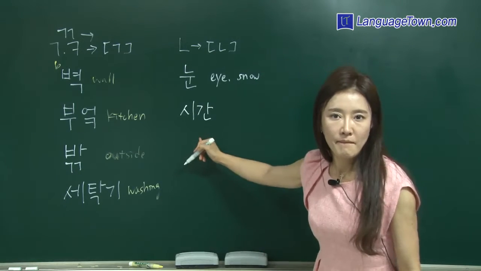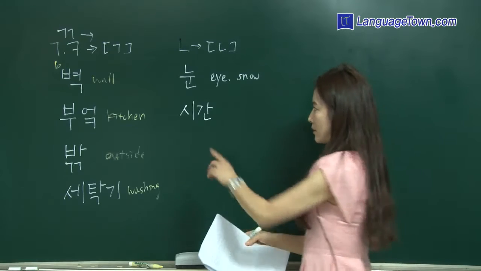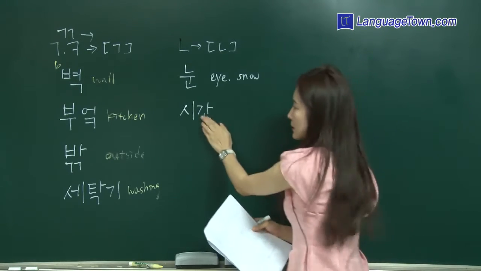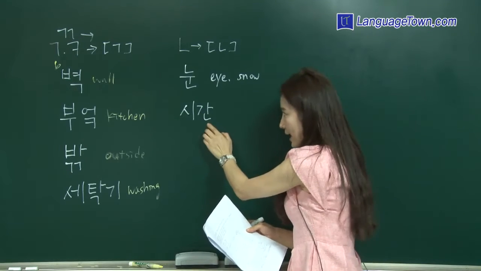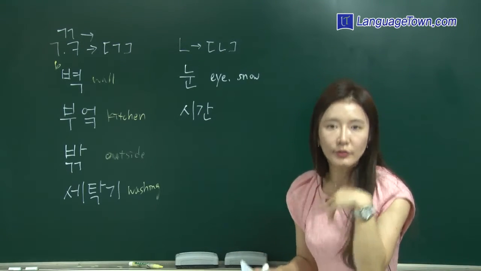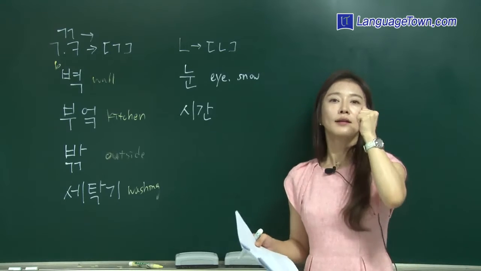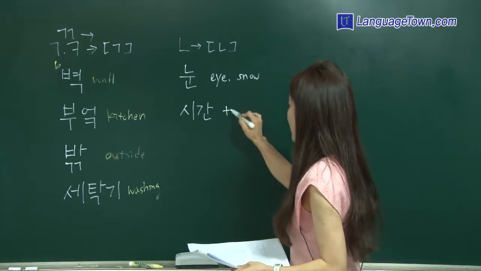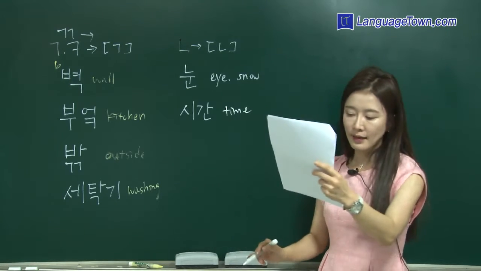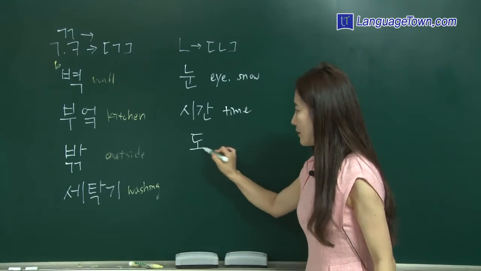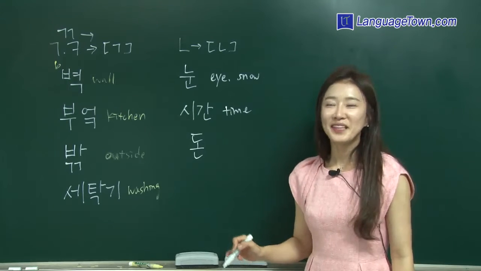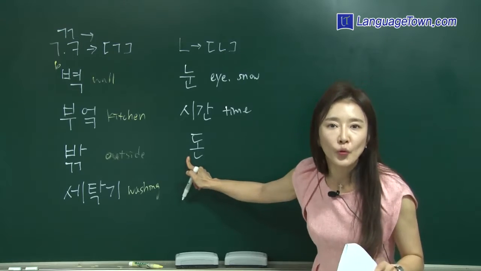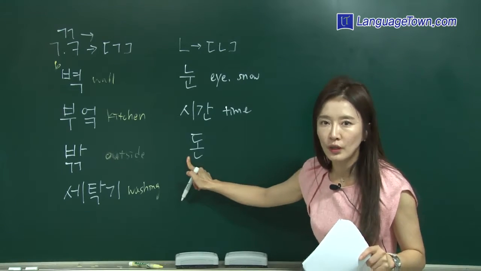This one. Good. 시. Good. 그, 가, 간. So, 시간. Try. 시간. Excellent. Very good. Time. 시간. Important word. Yes. 돈. Good. 돈. Not 톤, but 돈.